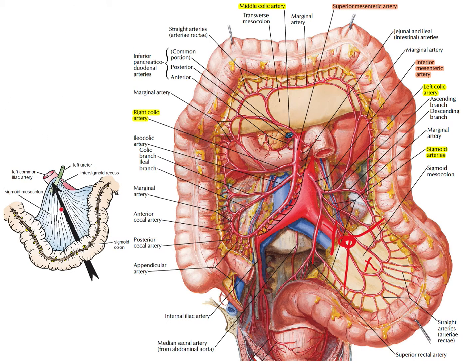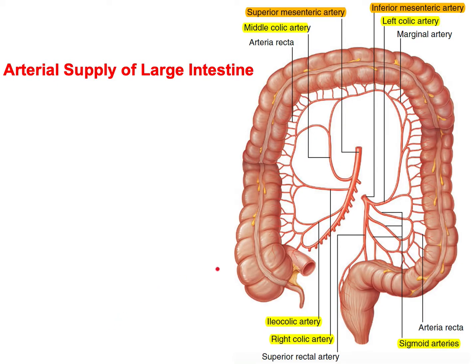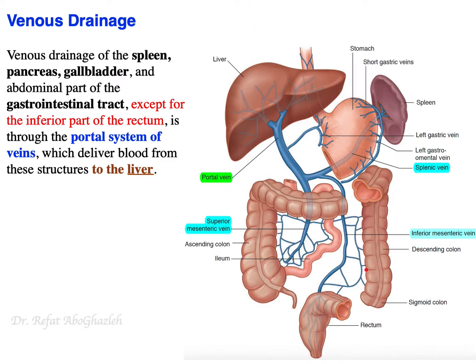Okay, so the superior rectal artery passes in this right limb, right inside this peritoneum, inside the sigmoid mesocolon. And here are the sigmoid arteries also, and lymphatics and nerves. Okay, so, as I mentioned, the blood supply will be through the sigmoid arteries, branches from the inferior mesenteric artery.